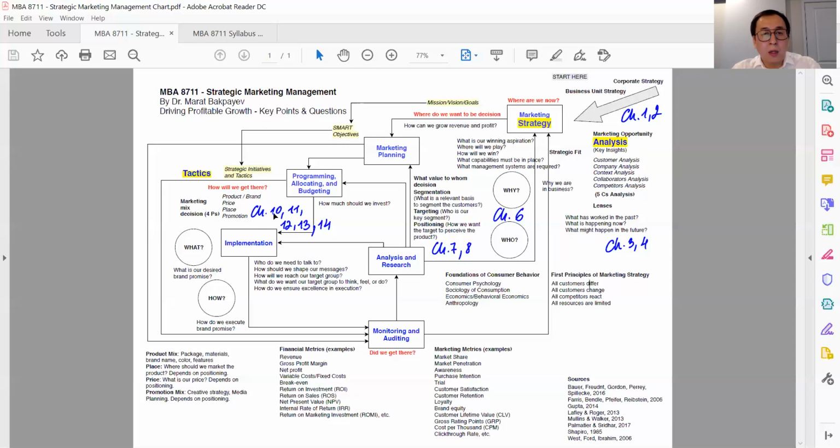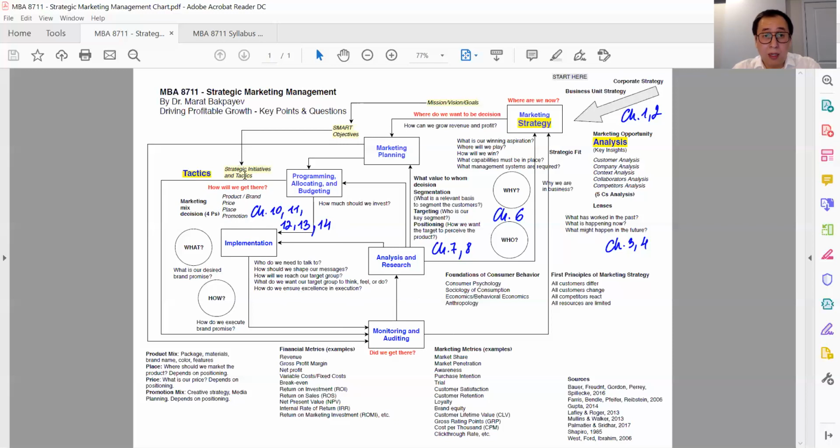And this is where we are now. So readings in terms of chapters 10, 11, 12, 13, and 14. And essentially after this, we're moving forward into coming back, closing the loop, and then monitoring and auditing. These are important questions to keep in mind as we talk about strategic initiatives and tactics regarding the 4Ps, right?